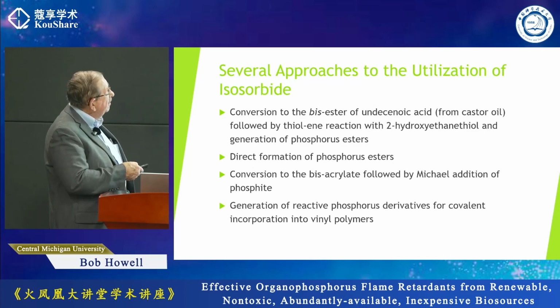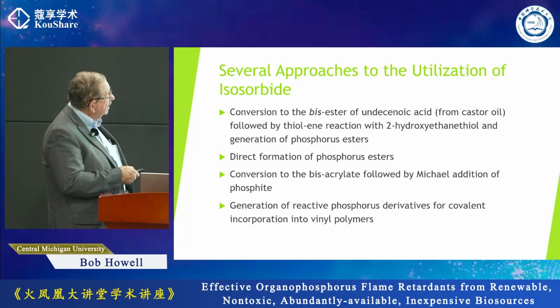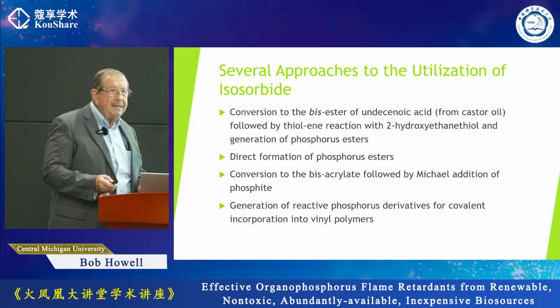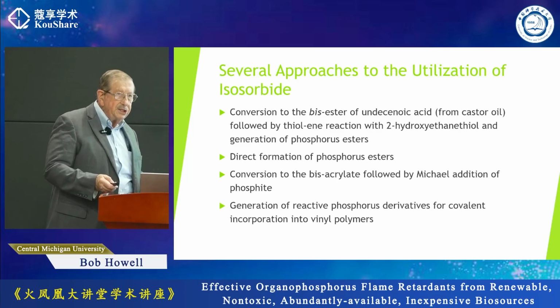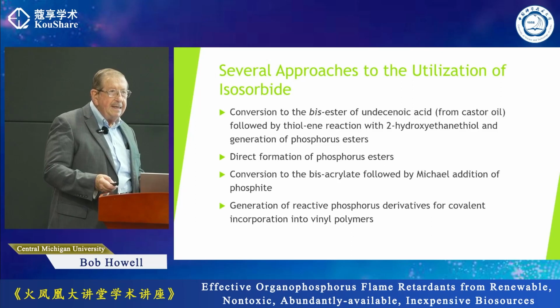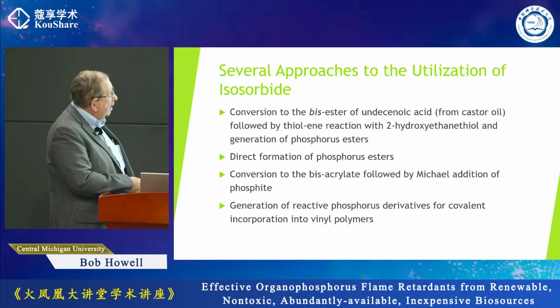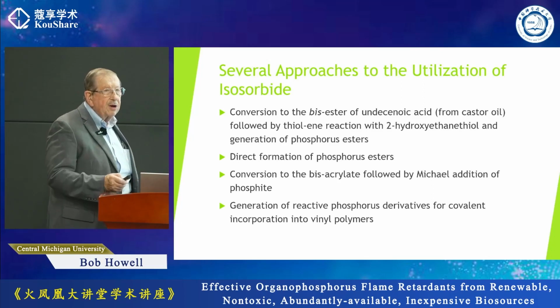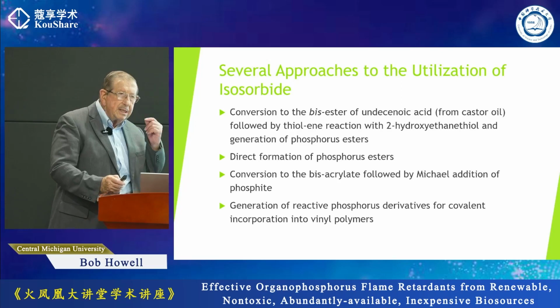You go through a fairly long procedure to get phosphorus esters, or do direct formation of phosphorus esters. You can make the bisacrylate and then do Michael addition of phosphite to get something with phosphorus-carbon bonds. And then you can make reactive derivatives for copolymerization to put the flame retardant into the main chain.